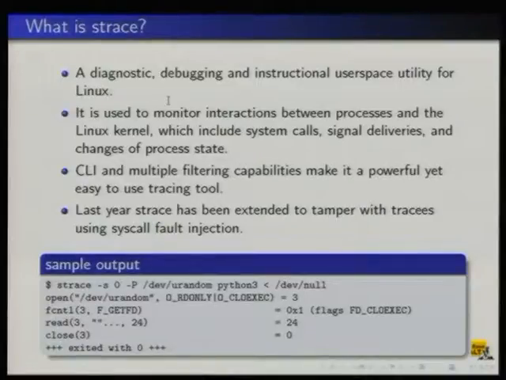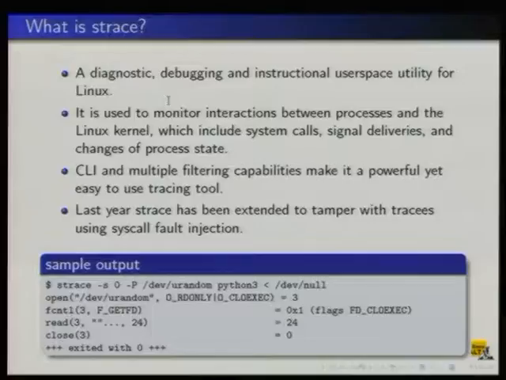And it also has various filtering capabilities that make it quite a powerful tracing tool. And the last year, that's the most interesting part, strace has been extended to tamper with traces using so-called syscall fault injection.